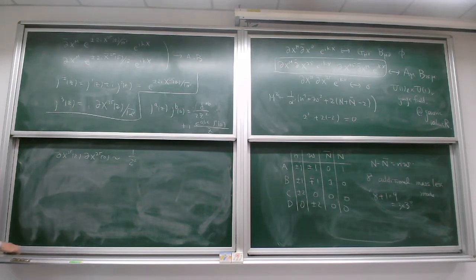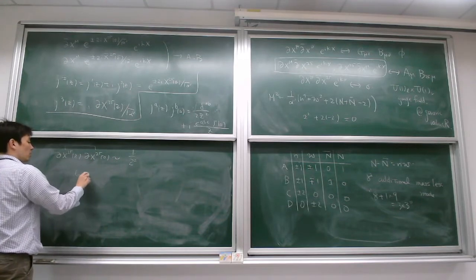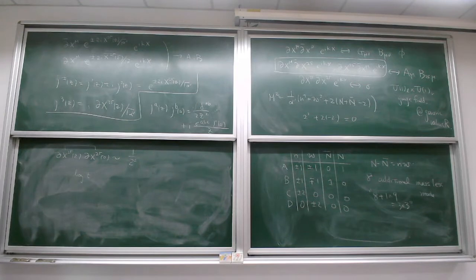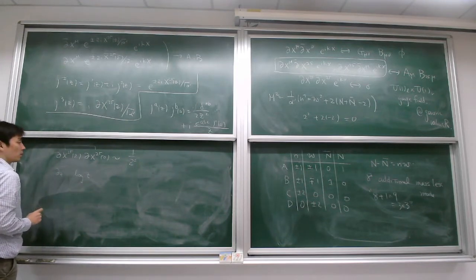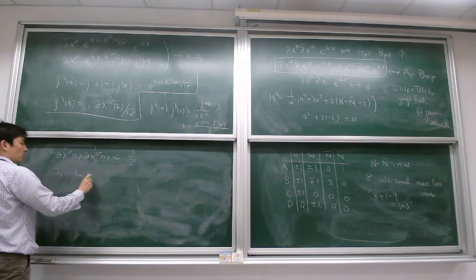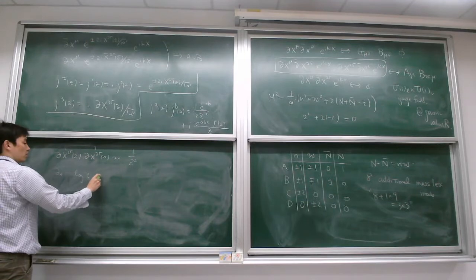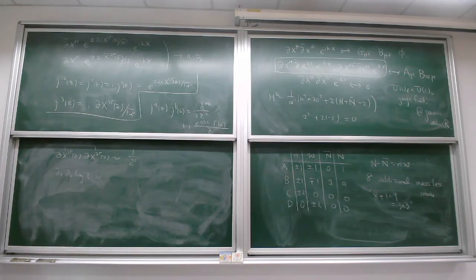So this will give you log c, right? Log c. Okay. And if you do the z derivative, essentially this one, right?